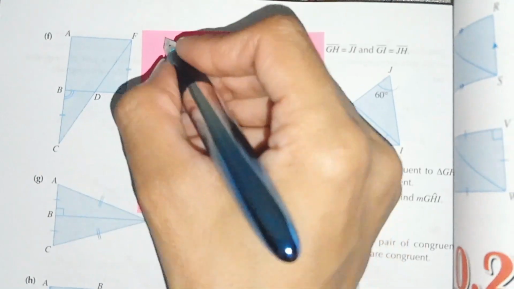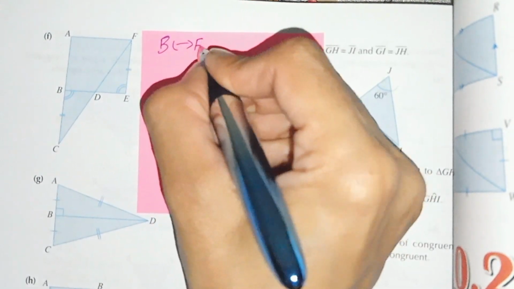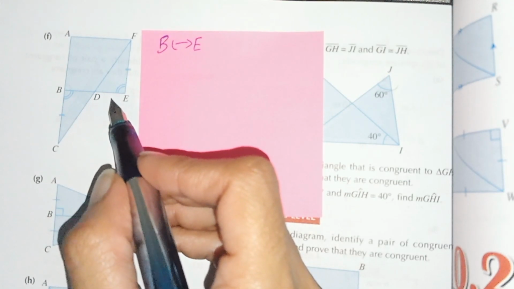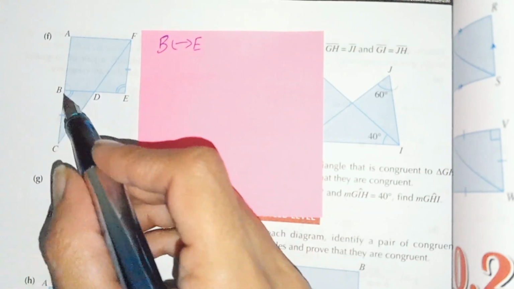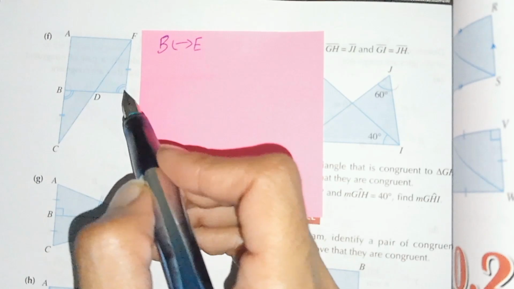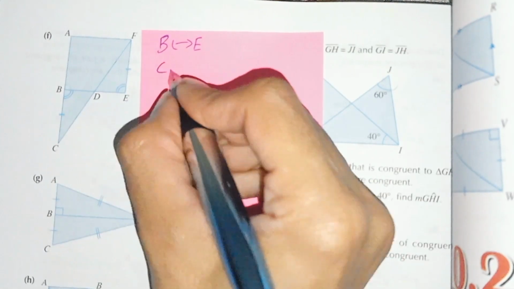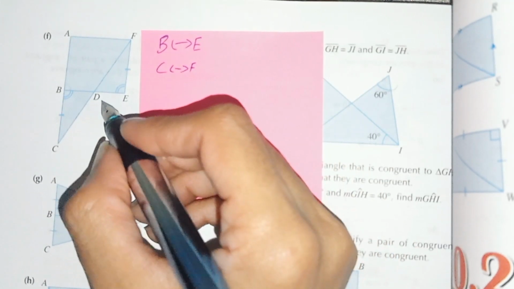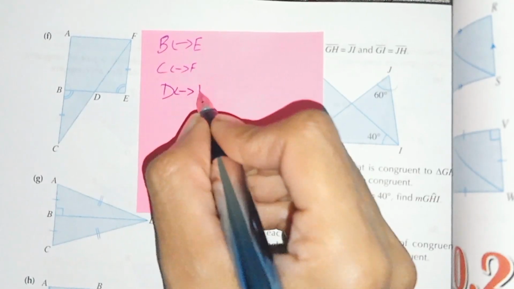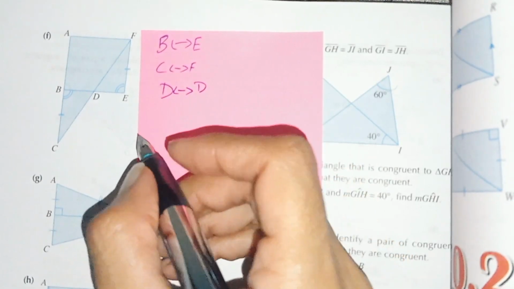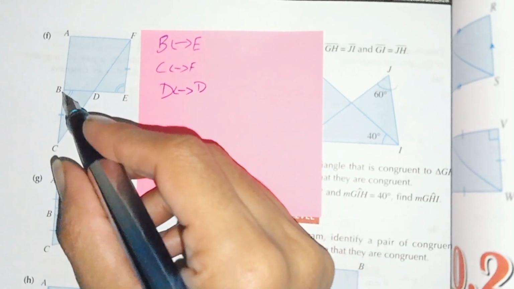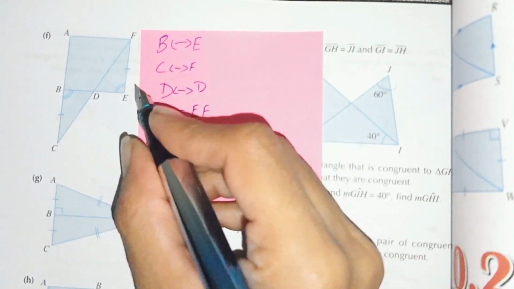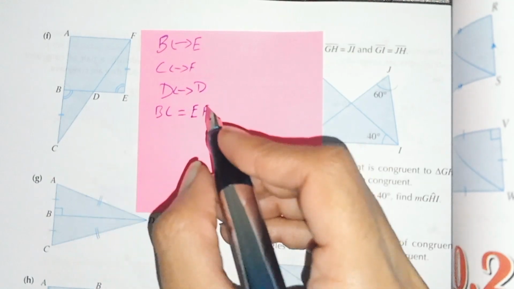B is equivalent to E, and then you can observe that this side BC is equal to side EF, and that's why C is equivalent to F, and left D is common, and it means D is equivalent to D. Now we can see that the BC line is equal to line EF, and that is given to us.